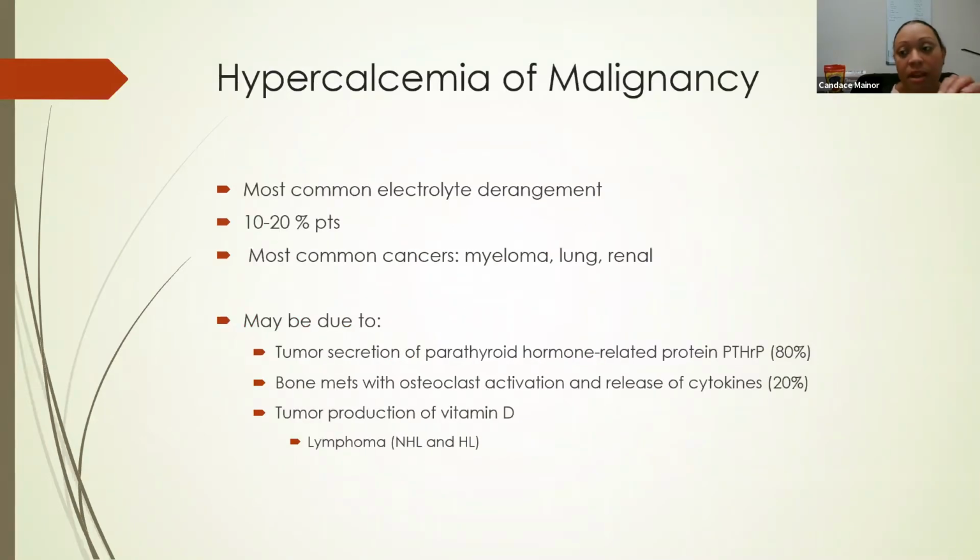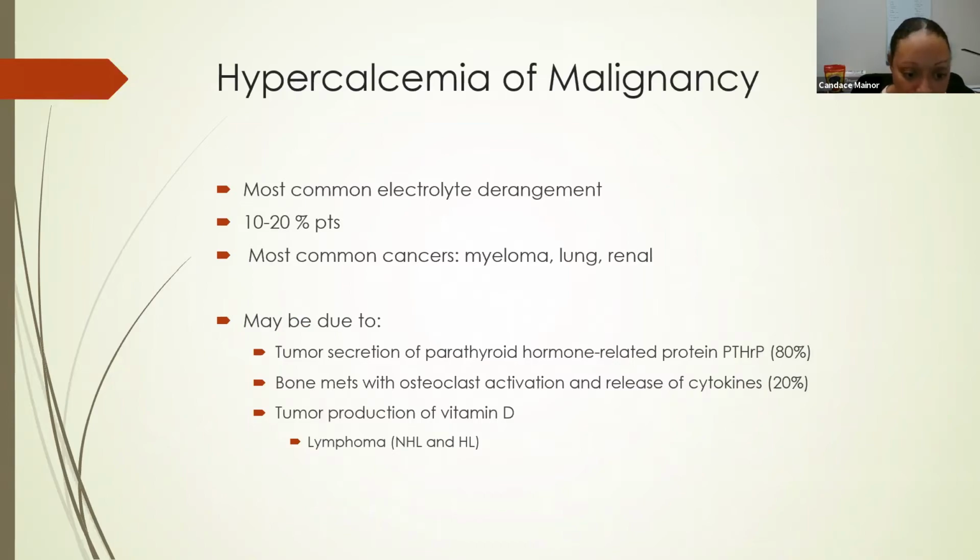Moving on to hypercalcemia of malignancy. This is the most common electrolyte derangement in about 10 to 20% of patients with malignancy. And the cancers most likely to cause hypercalcemia include myeloma, lung cancers, and renal cancers. The etiology may be due to several things.